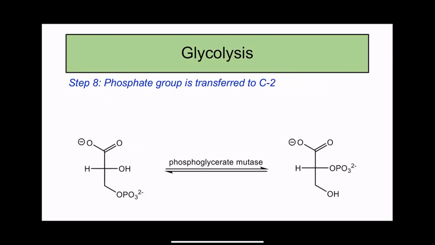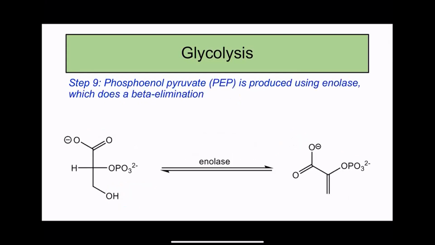Step 8 is when you transfer it to C2. So from right here, it's going to move up to your C2 carbon. Okay. Step 9, you're going to produce this using enolase, which does a beta elimination. So your elimination occurs here, right, using the alcohol.